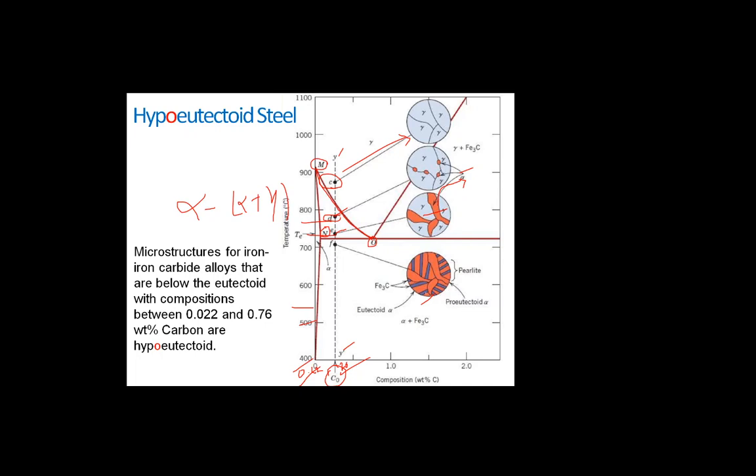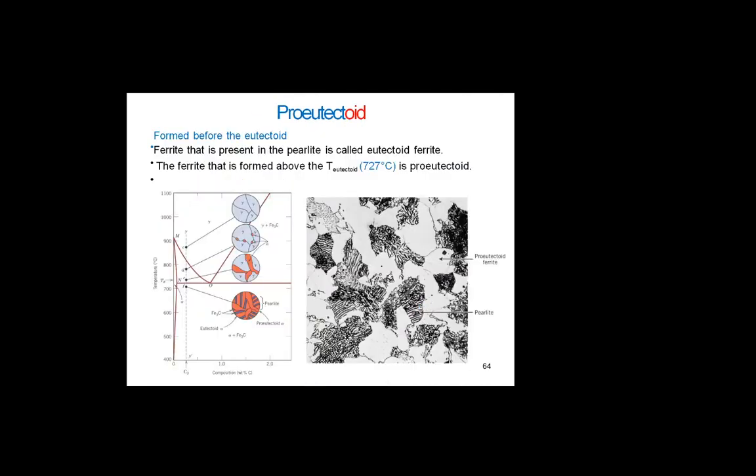The ferrite present in the pearlite is called eutectoid ferrite, whereas the other, formed above the eutectoid temperature, is called proeutectoid ferrite. We will discuss the proeutectoid in the next lecture, continuing with other microconstituent developments in the ferrite.